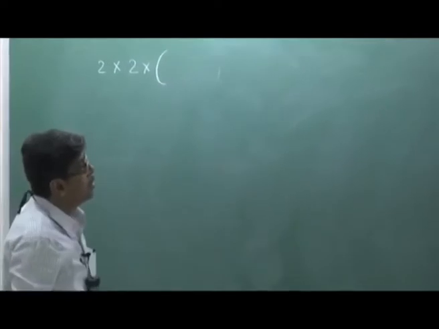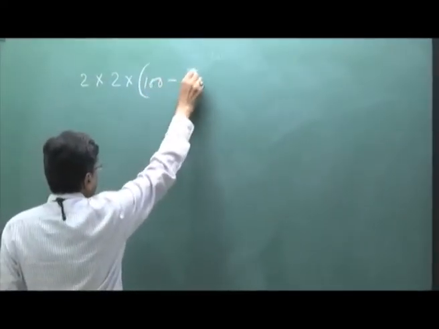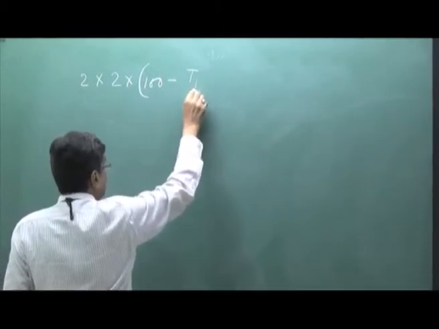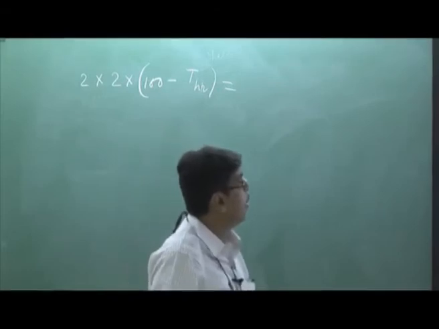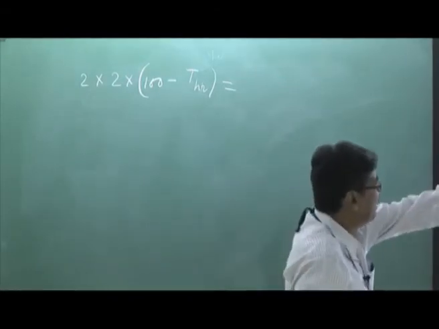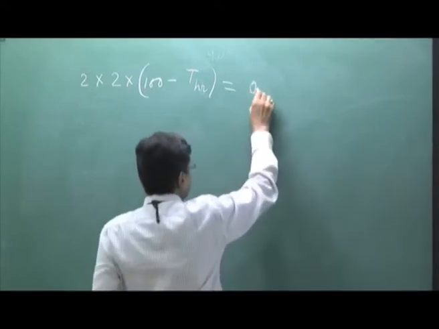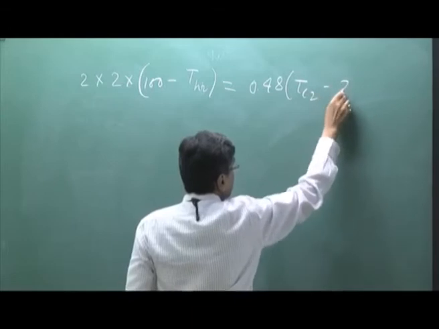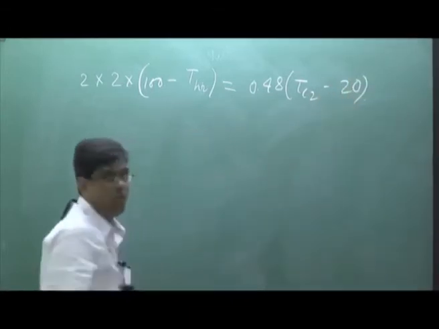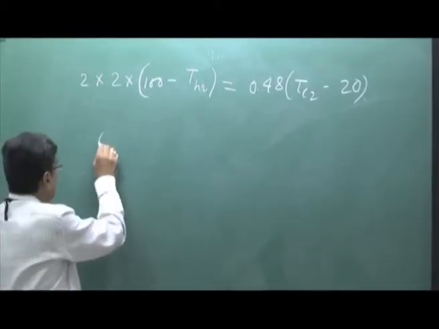TH1 is, the oil enters at 100, minus TH2 equals to what? Water enters at 20 degrees Celsius, 0.48. I have to find out Q.